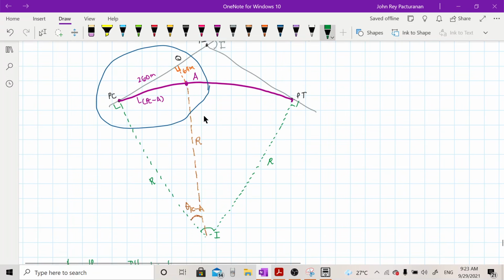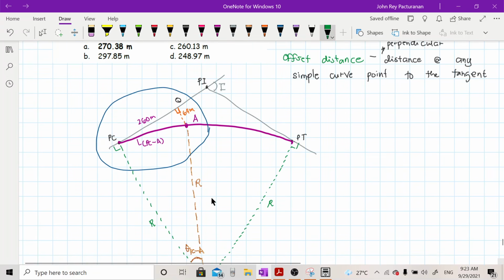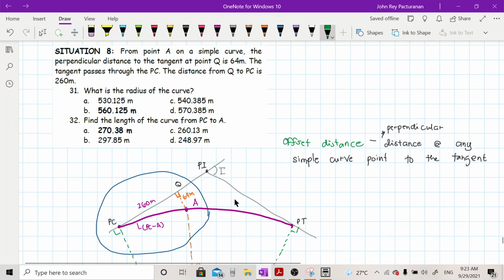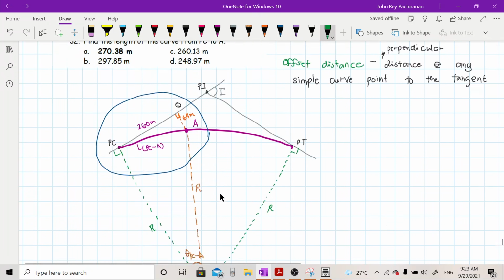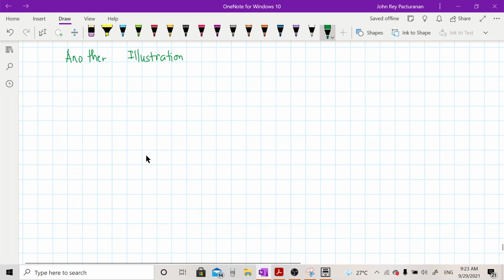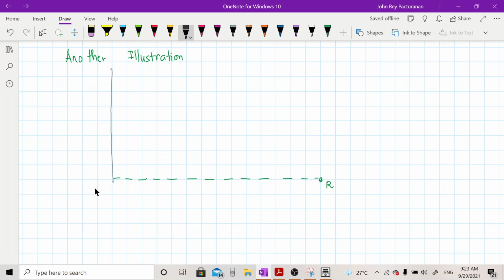So, instead na pag ganito, which is the conventional shape of simple curve na nakikita natin even in our introduction sa previous video, ang gagawin ko, yung radius class will be horizontal. So, the radius will be horizontal, and the back tangent will be vertical. Tapos, ito yung point natin na PC.